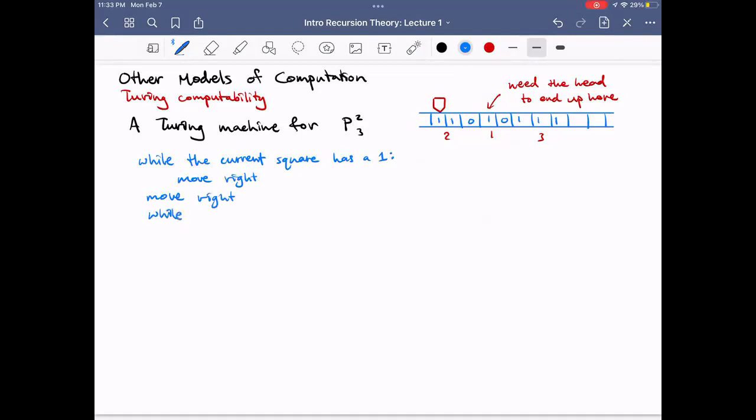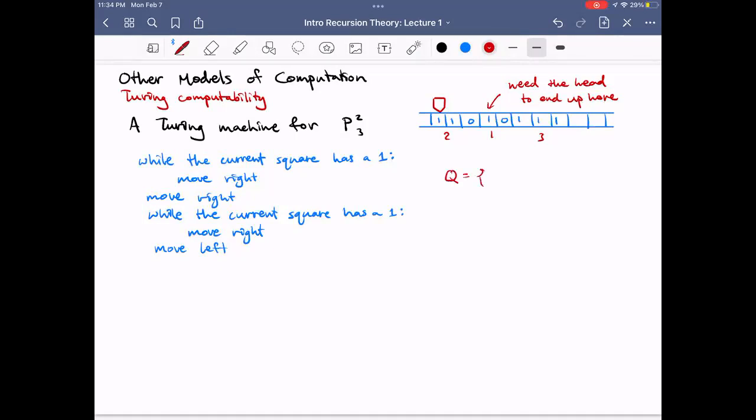And then again, we should move to the end of the second block of ones. So while the current square is 1, after that, we're pointing at the 0 after the second block of ones. So then we should move back 1 square to the left to be pointing at the last 1 in the second block of ones.